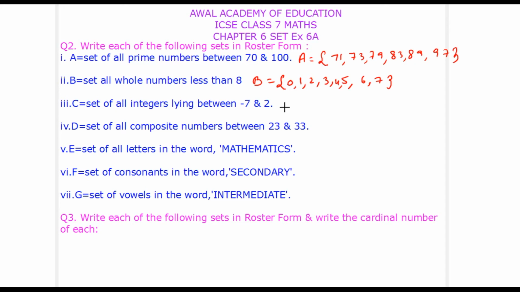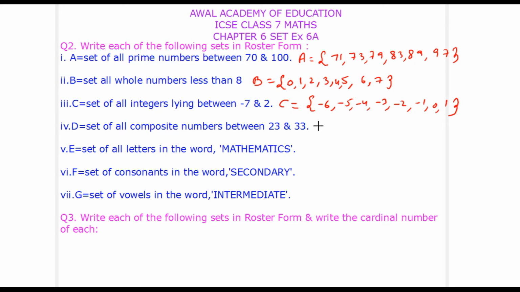You know the integers: C equal to, excluding -7, so we will take -6, -5, -4, -3, -2, -1, 0, 1. Composite numbers.